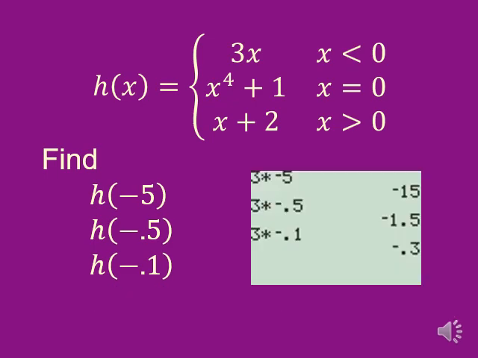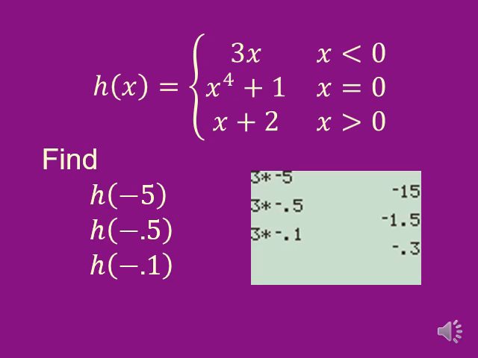So the first three are all negative numbers, and negative numbers are always less than 0. That's why we want to plug into the top formula, 3x. You take 3 times negative 5, 3 times negative 0.5, 3 times negative 0.1, and while I didn't really have to use a calculator, you can see that the answers are negative 15, negative 1.5, and negative 0.3.